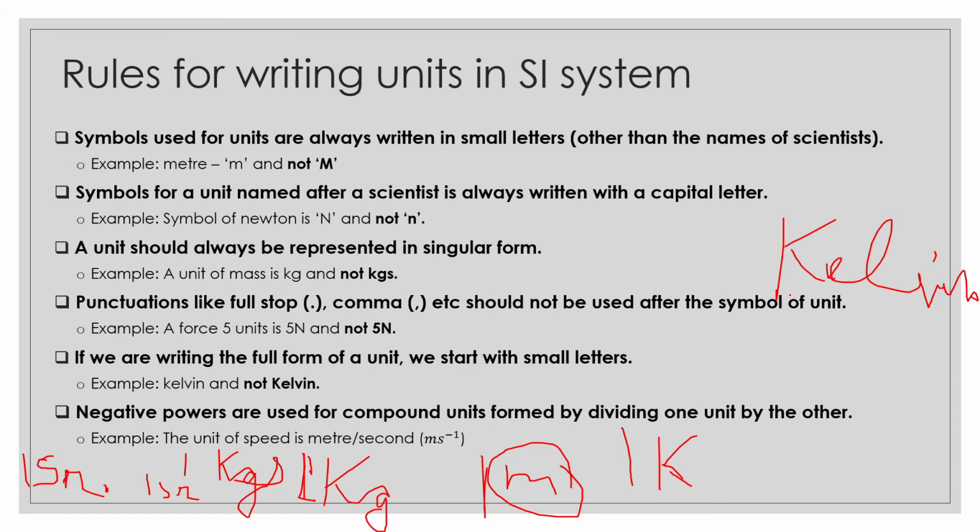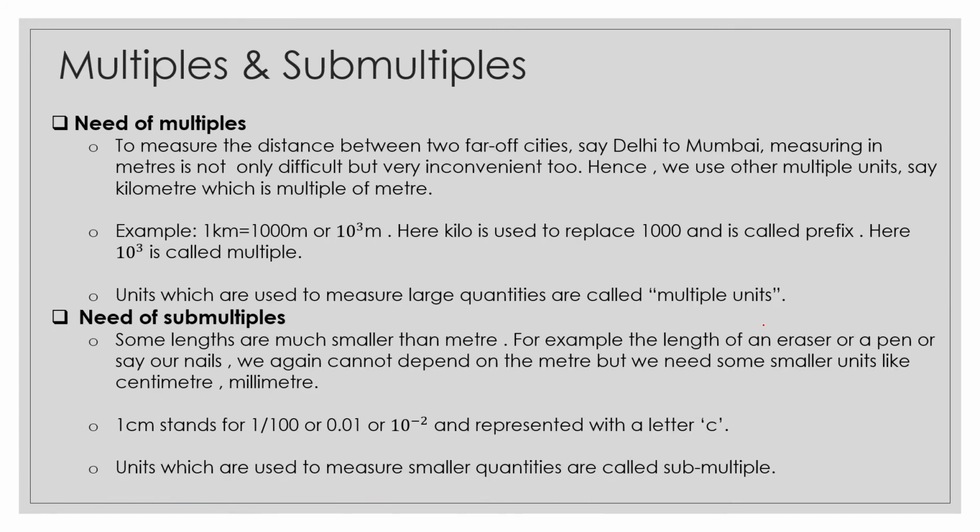That's another rule. Negative powers are compound units formed by dividing one unit by another. So you can see it: meter per second. The per comes from the division. So let's go to the next picture.